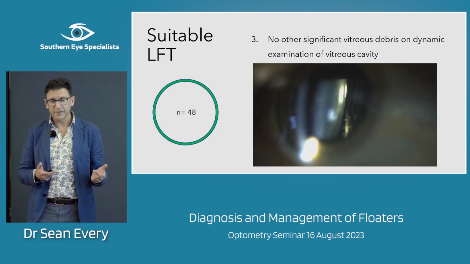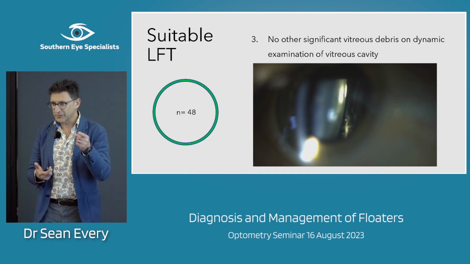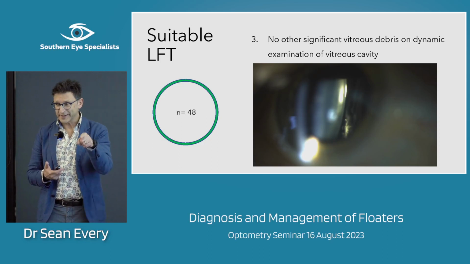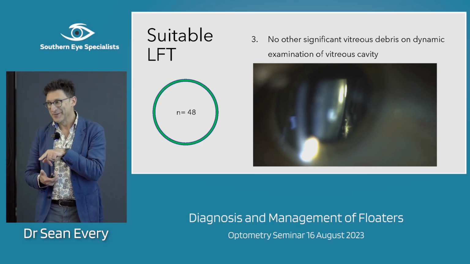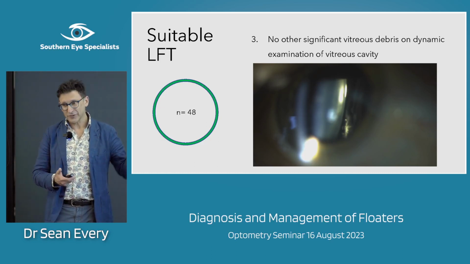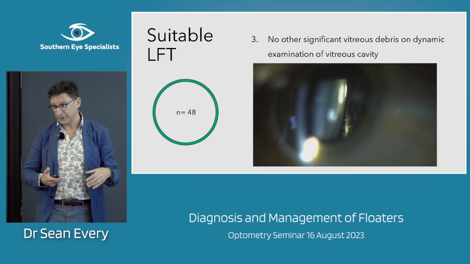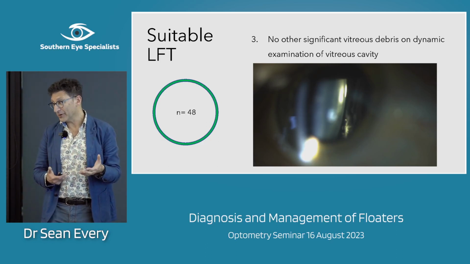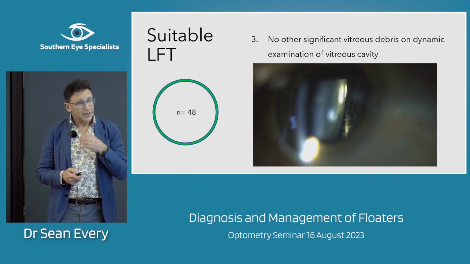So I've really gotten into the habit now of really searching the vitreous cavity as well, because just because I see a vice ring doesn't actually mean that that is the floater that they're complaining of. And this is what I've learned as I've done this. And this 125 case series is a bit warts and all, because it absolutely includes my learning curve, where I sort of worked all this stuff out.